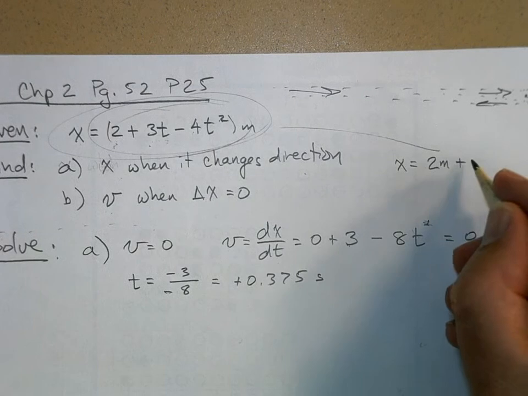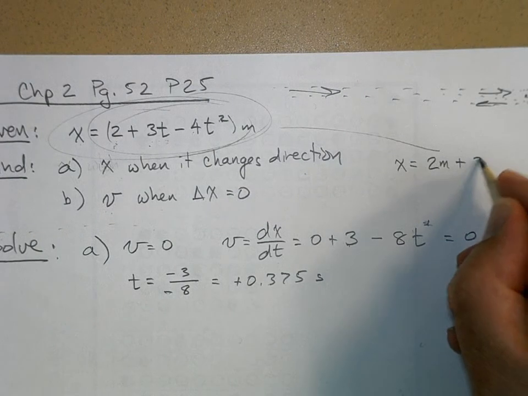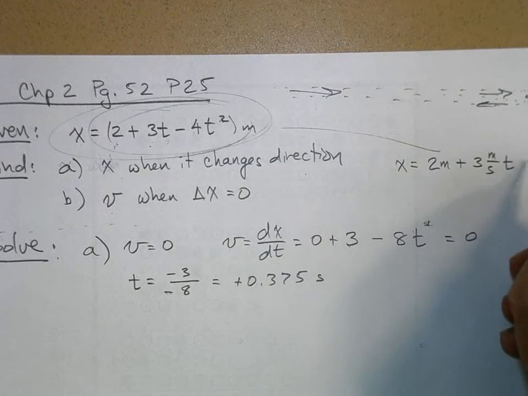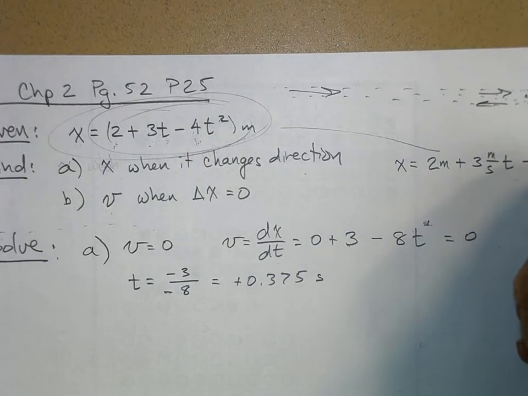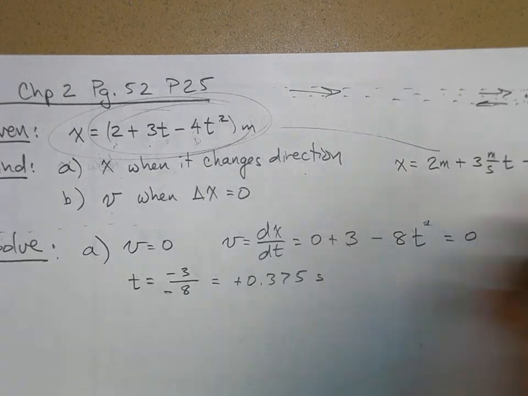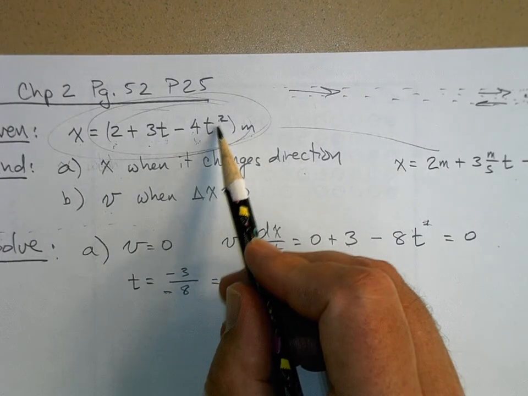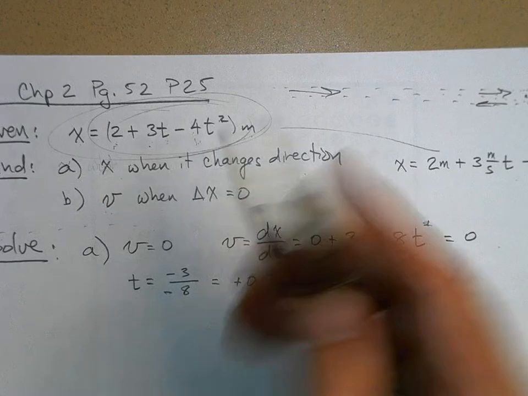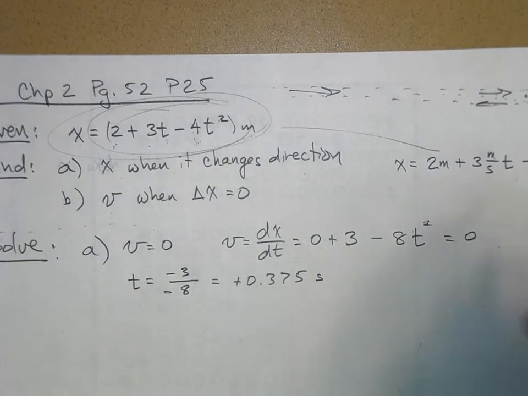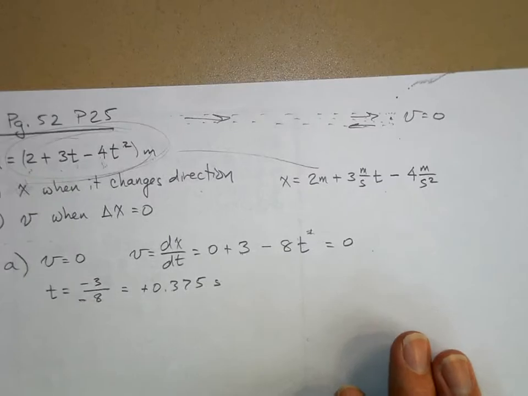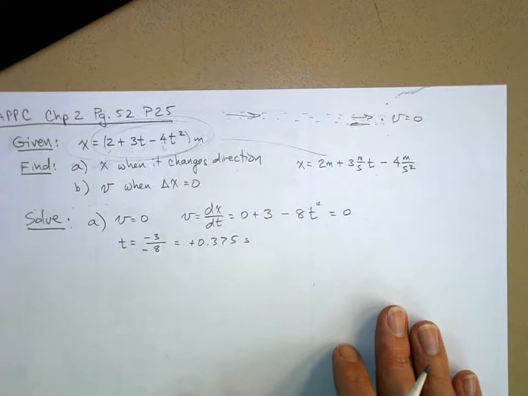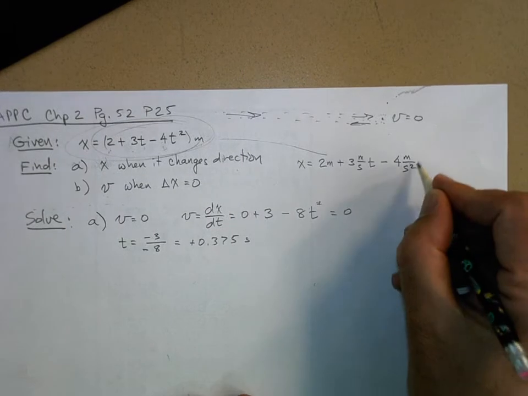So this is going to be 3 meters per second times time, minus, now what is this 4? What units does the 4 have to have? 4 meters per second squared. Right, because we want to end up with meters, but we have time squared here, so I want to cancel out seconds squared. Oh, thank you. Okay. Yeah, maybe I should zoom out. Okay. So, t squared.